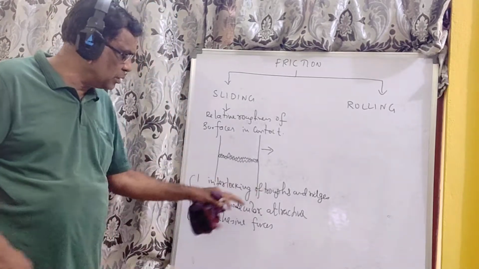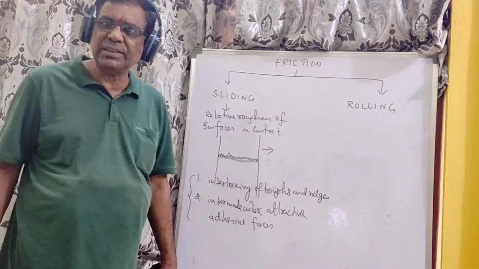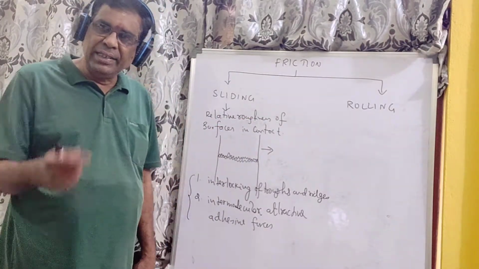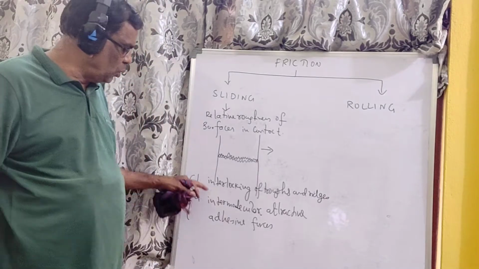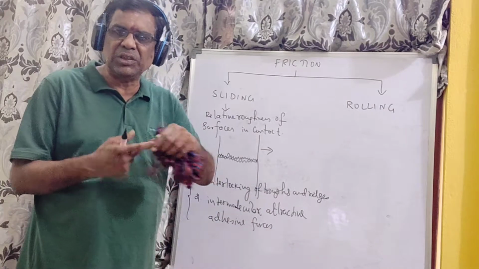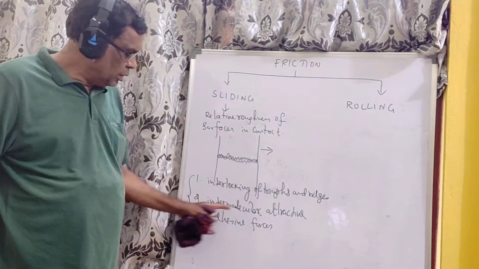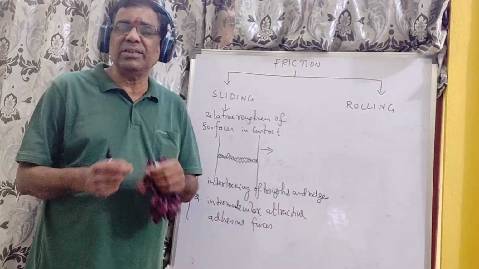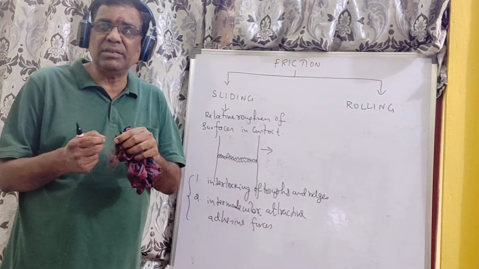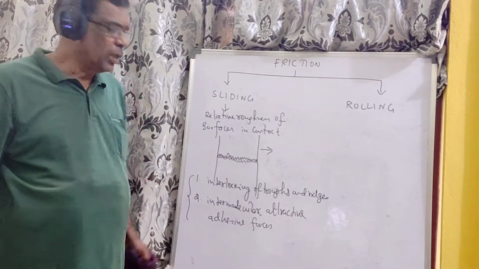Your answer must be: due to the relative roughness of the surfaces in contact. There is an interlocking of troughs and ridges of the two surfaces in contact. Number two, the intermolecular attractive adhesive forces which form a bond, and you have to break that bond.